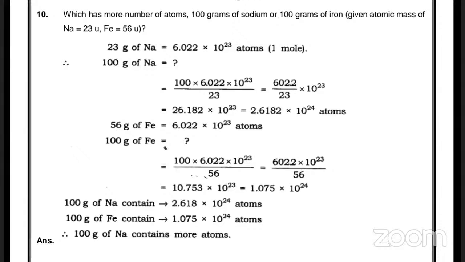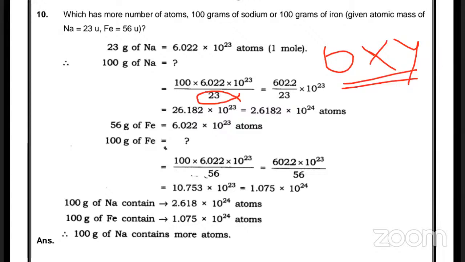Chalo, Advay, you tell me if it is oxygen, then what will you put over here? Sir, atomic mass of oxygen is 16. Excellent. So you will put 16 over here. Please note it.